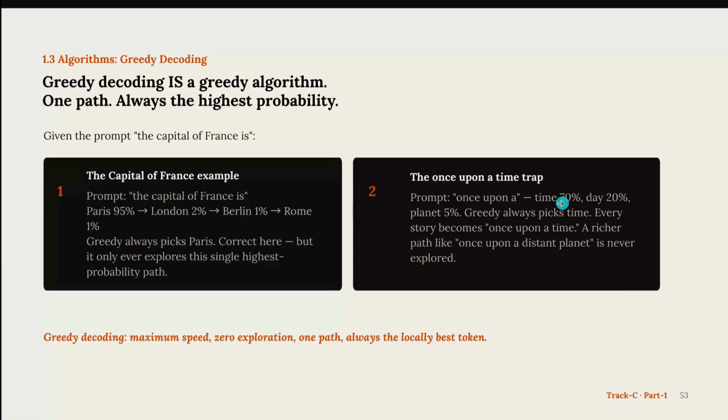What if it wanted to say once upon a distant planet, which is a little more creative? It will never go to this because greedy algorithm always finds the 70% option as the best locally and delivers it. So what greedy decoding does is it optimizes for maximum speed, zero exploration, one path, always the locally best token. It quickly tries to get us that answer.